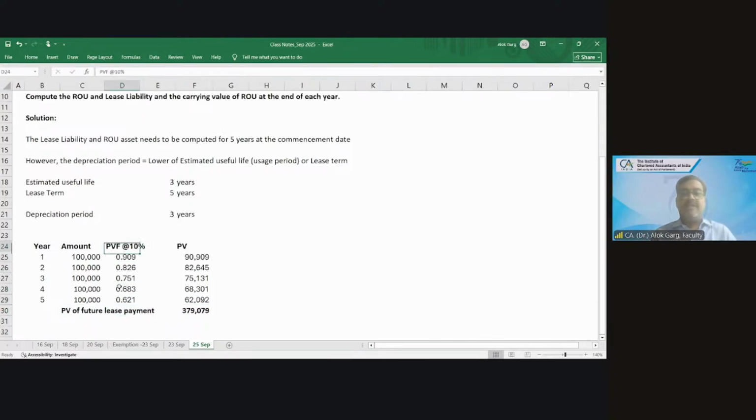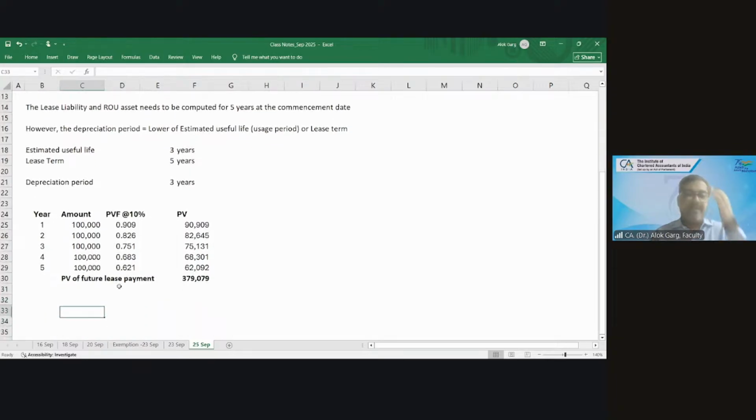So what is the entry at commencement date? Right of Use asset to lease liability. So lease liability is 379,079, and this is my right of use asset.